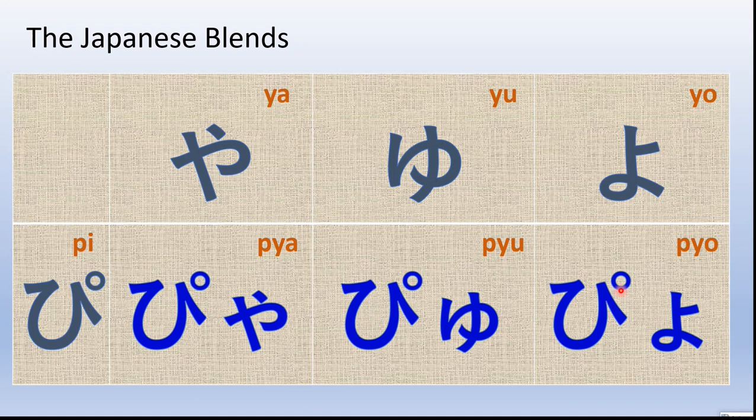So this is very simple and quite straightforward. You write the main consonant sound here, p, and then you write half the size ya. So it becomes pya. P plus ya is pya, p plus yu is pyu, and p plus yo is pyo.